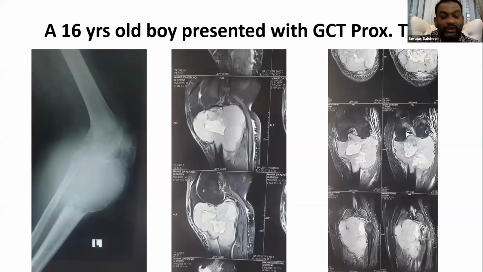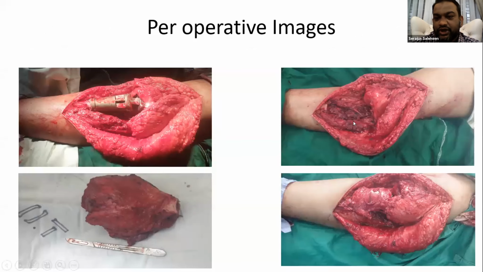And what will I do? The option is either denosumab, or we can salvage the limb by endoprosthesis, or if non-salvageable, by amputation. I have done wide local excision of the tumor and endoprosthetic replacement.